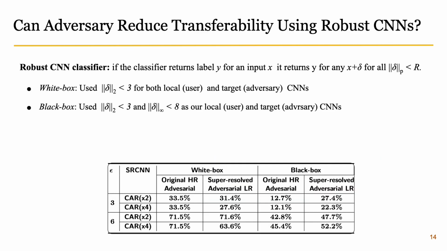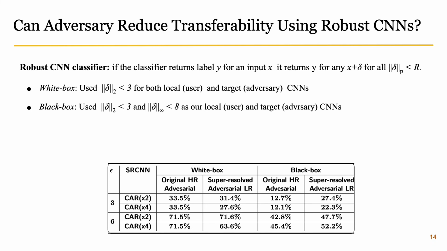We received a great question from reviewers during the rebuttal phase. They asked how the transferability of low-resolution adversarial images might be affected if the adversary uses a robust CNN. A robust CNN is defined as follows: if the classifier returns label Y for an input X, it returns label Y for any input X plus delta for all delta less than R. We observed in this scenario that if the user utilizes a non-robust CNN, she cannot learn a transferable adversarial image.